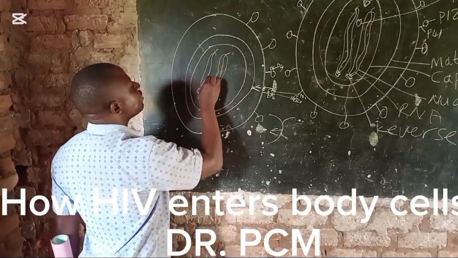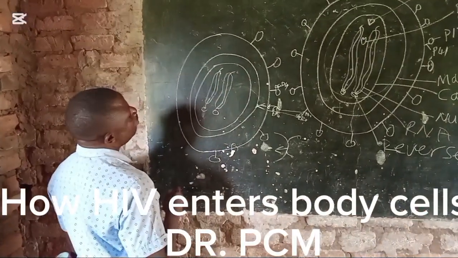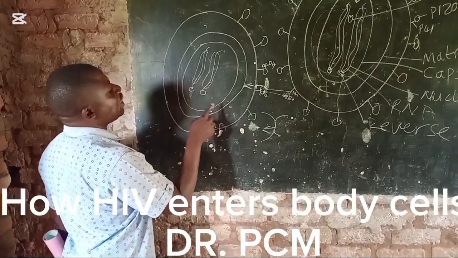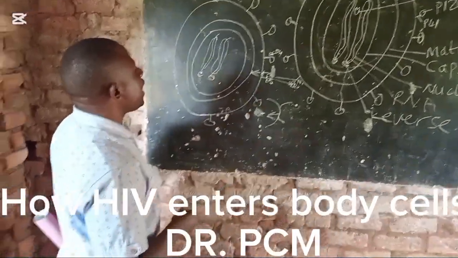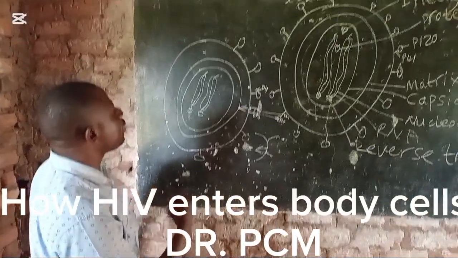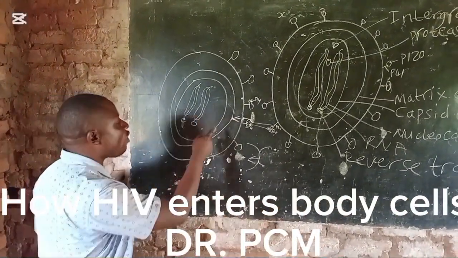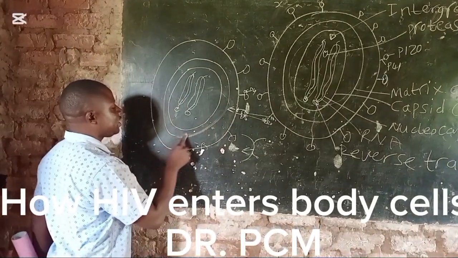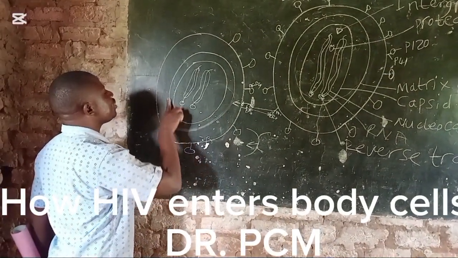So we only have now in the cell the RNA and its coating, which is the nucleocapsid. Now, once they are in the cell, it is in the cytoplasm of the T helper cell.